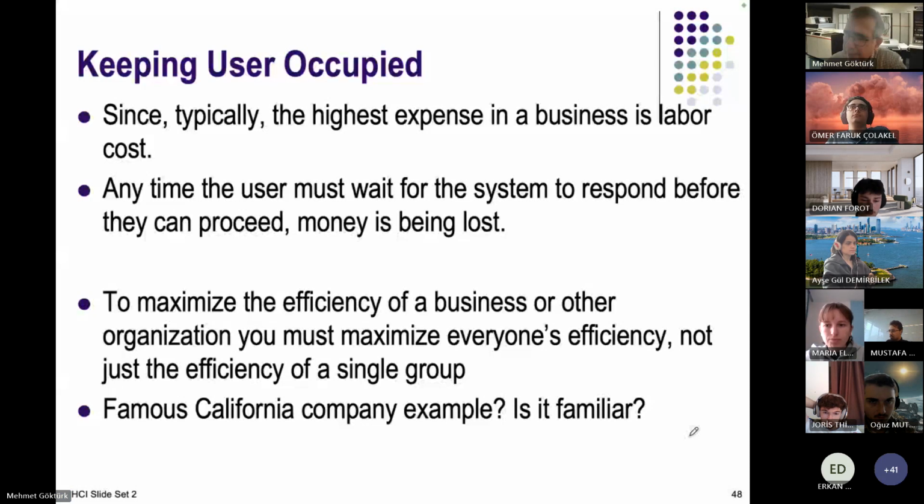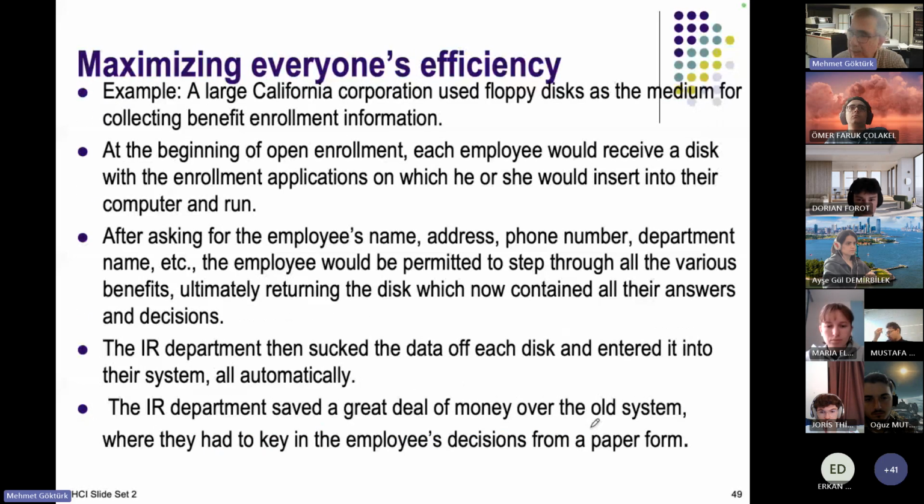There is, again in the books, a famous California company example that has been given as a big example in operations, because even today we see certain issues like that, and we need to eliminate that approach when designing the systems. The example was a large California corporation that used floppy disks at that time as the medium for collecting benefit enrollment information.